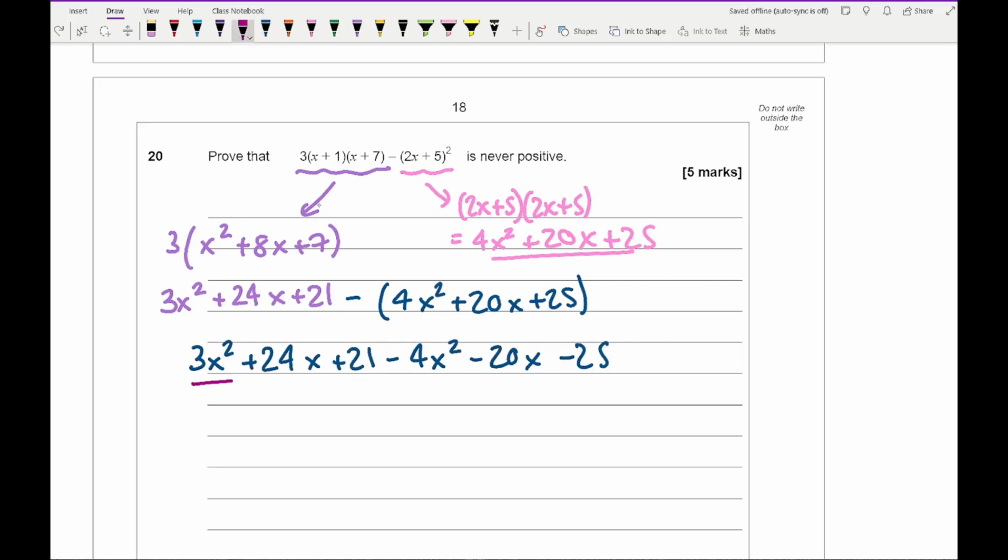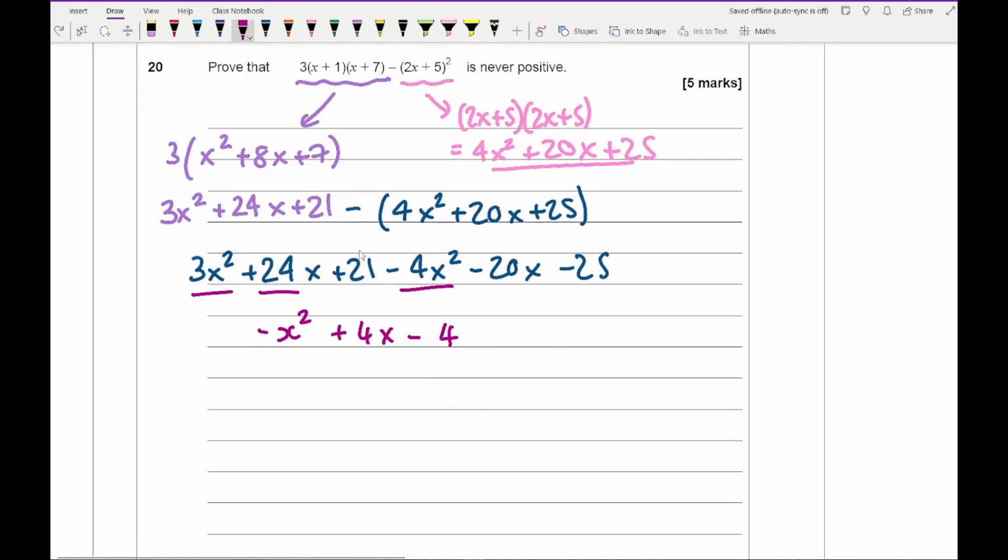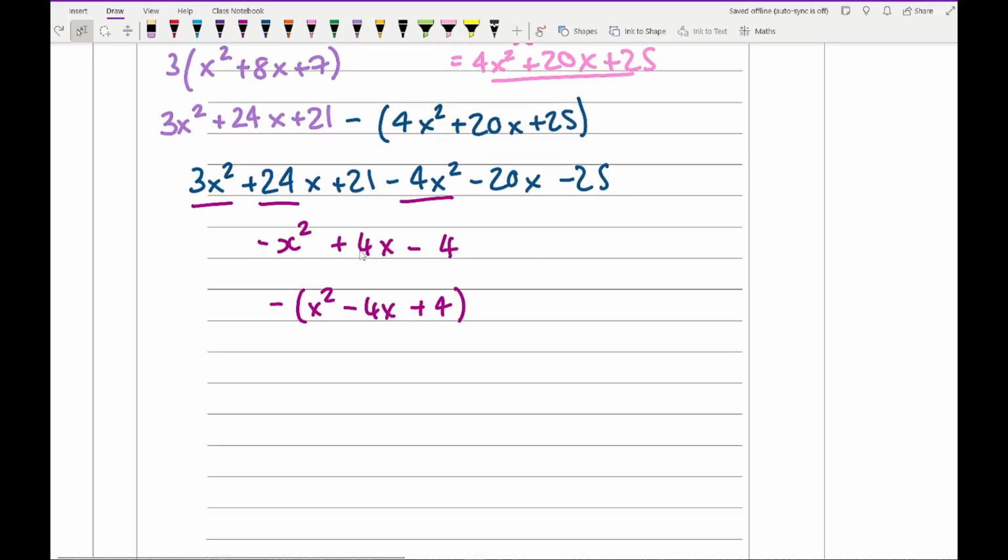Well, collecting the like terms, I'm going to end up with minus x squared, plus 4x and minus 4. So then from this, as you can see, I can take a minus out, in which I end up with x squared minus 4x plus, or minus 4, actually plus 4.